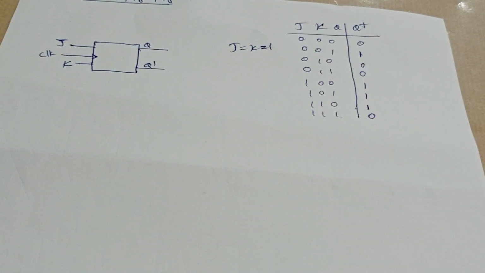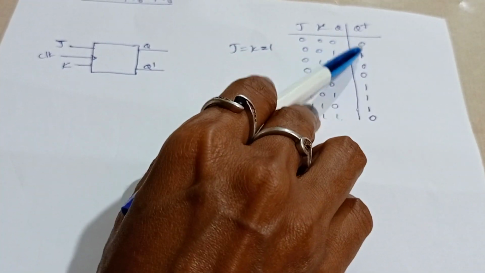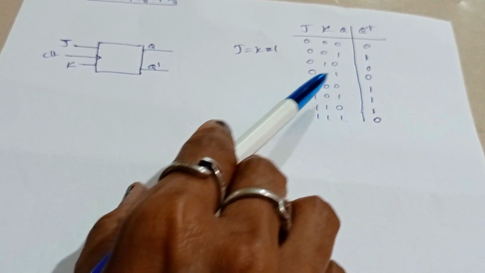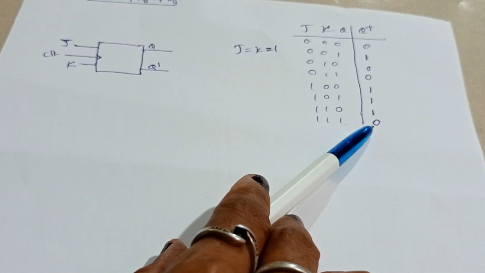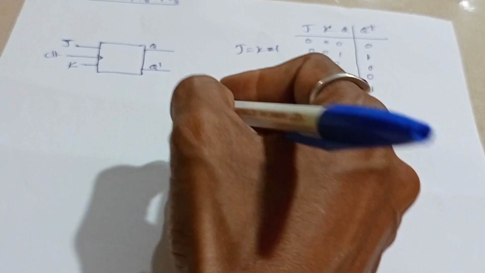Inverted outputs. For both zeros, it will be in the same state, no change. Reset, set. Here, it will be the inverted output. This is the JK truth table. By this, now we'll construct the characteristic equation.